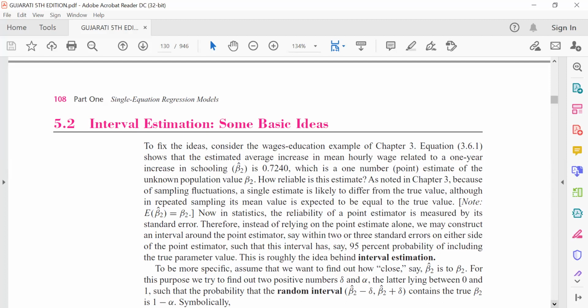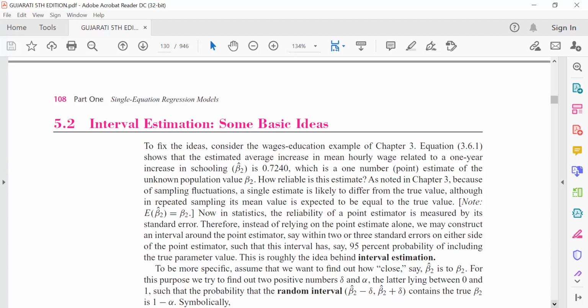How reliable is this estimate? As noted in chapter 3, because of sampling fluctuations, a single estimate is likely to differ from the true value, although in repeated sampling its mean value is expected to be equal to the true value.